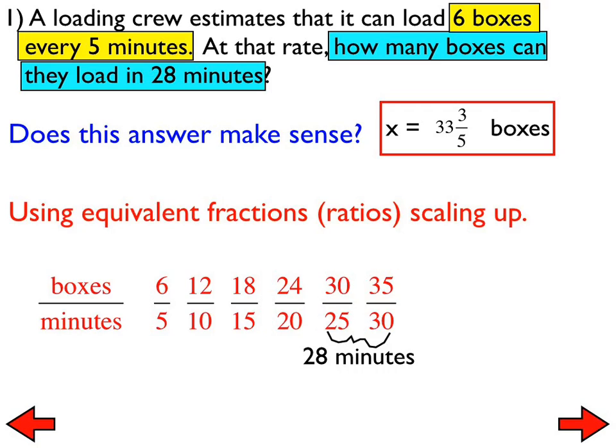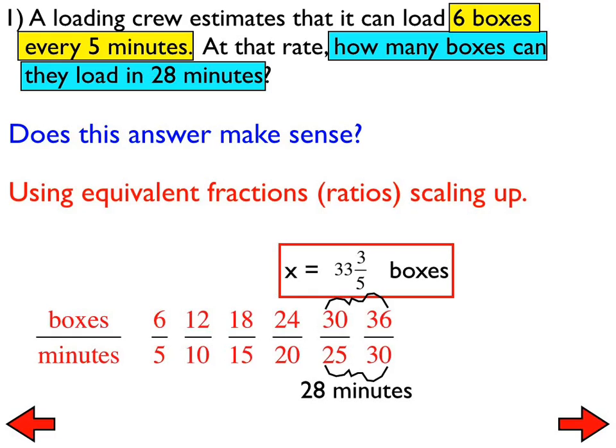So that means this makes sense for what we're doing. And we should always mentally make sure that what we get makes sense. So in 28 minutes, they can load 33 and 3/5 boxes.